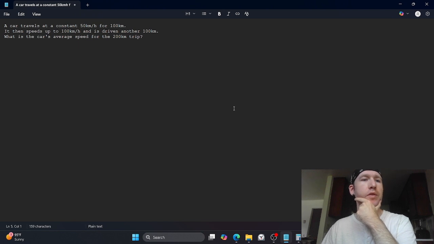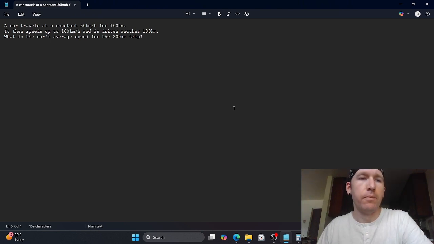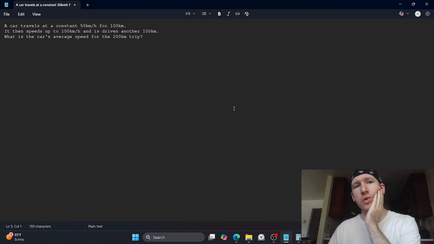The first thing that's significant about this problem is that the intuition of a beginner might tell them to take these two velocities here, add them together, and divide by 2.